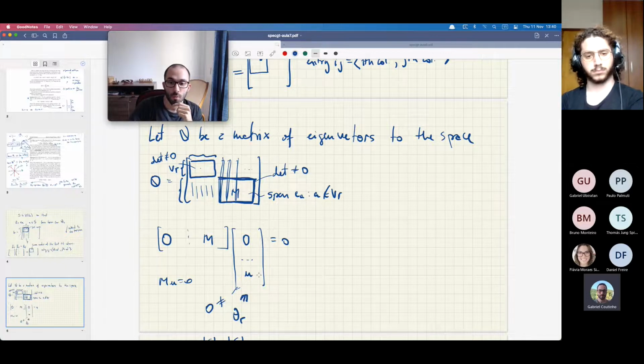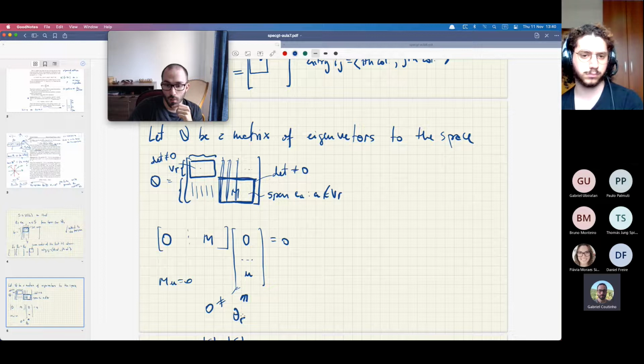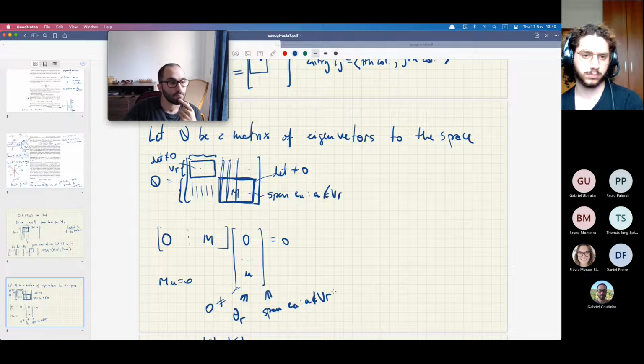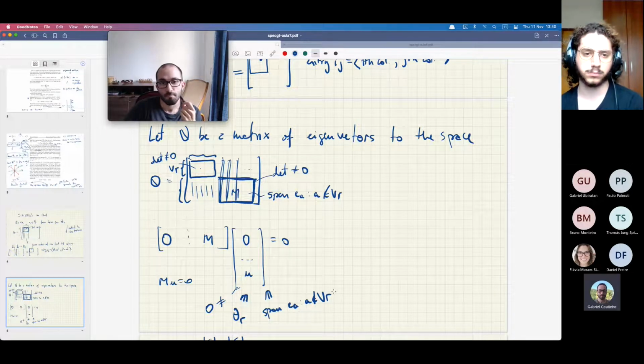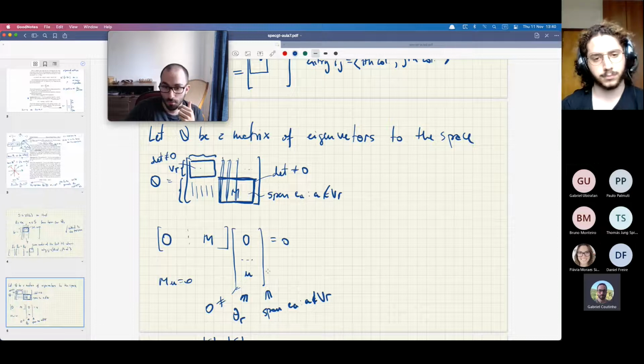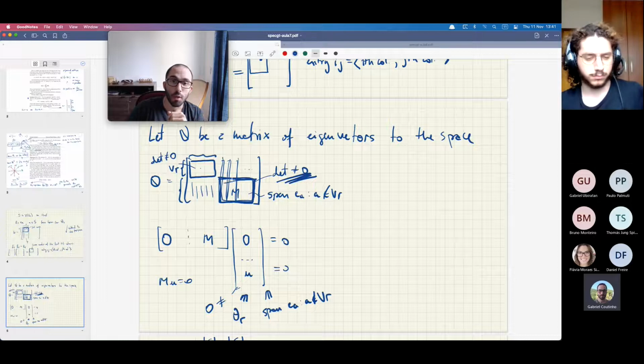So at the same time, I will have something which is non-zero, belongs to the theta r eigenspace, and belongs to the span of the E sub a not in VR, and that is not possible. So this thing must be 0. And so this matrix does not have a non-trivial kernel. So its determinant is non-zero.